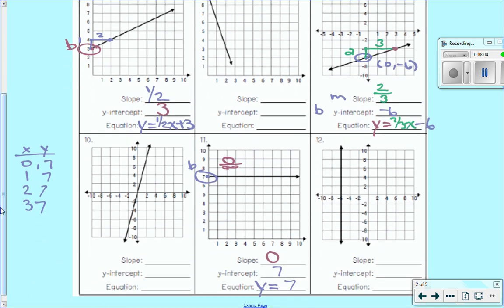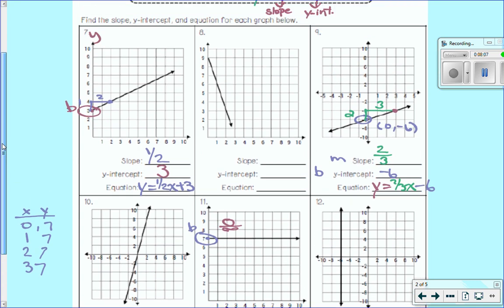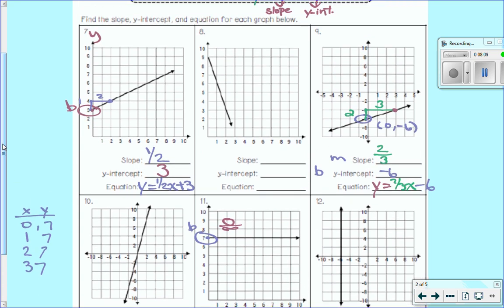Okay? With your table, I would like for you to try 8, 10, and 12, the evens. All right, number 8. What is your y-intercept? 9. You got it. Right here, that's our point, right?